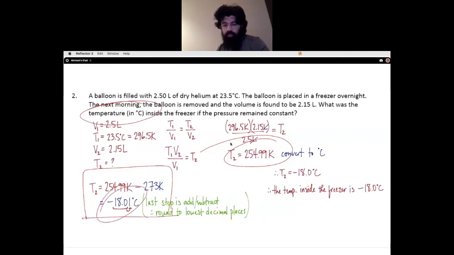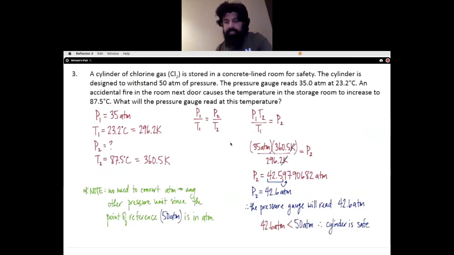And the last one here, we're looking at Gay-Lussac's. How can we tell? Well, if we take the time to list the units, you will see exactly which one of the formulas. You look at it and go, okay, I've got P1, T1, P2, T2. Which one of the formulas am I using?